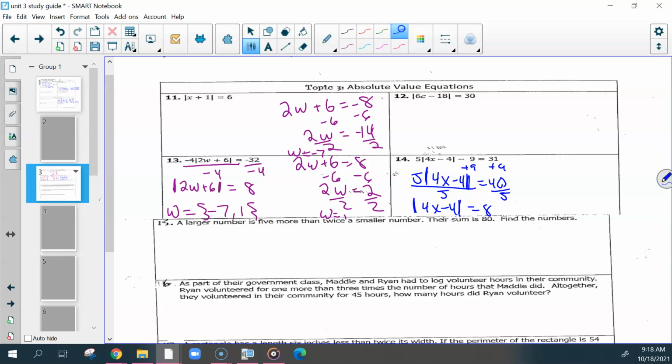Once there is nothing else left by the absolute value sign, we can set the inside equal to both a positive and negative 8. And solve both of them for x.